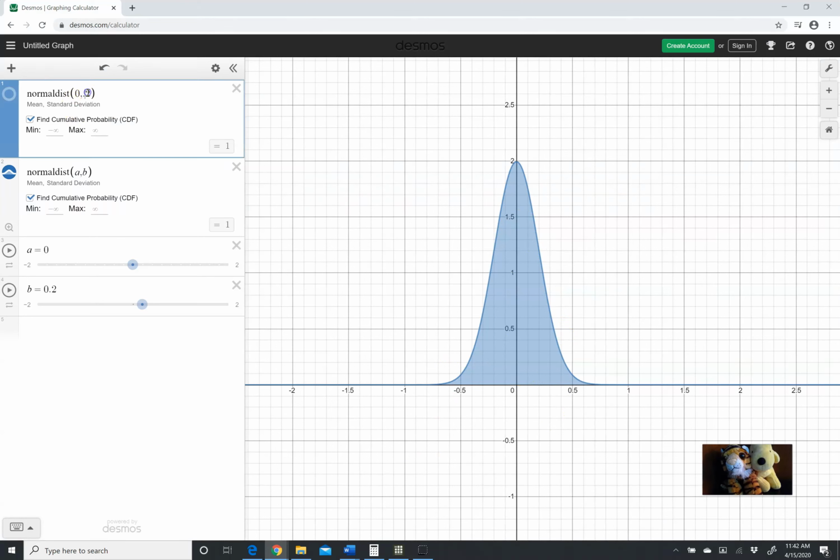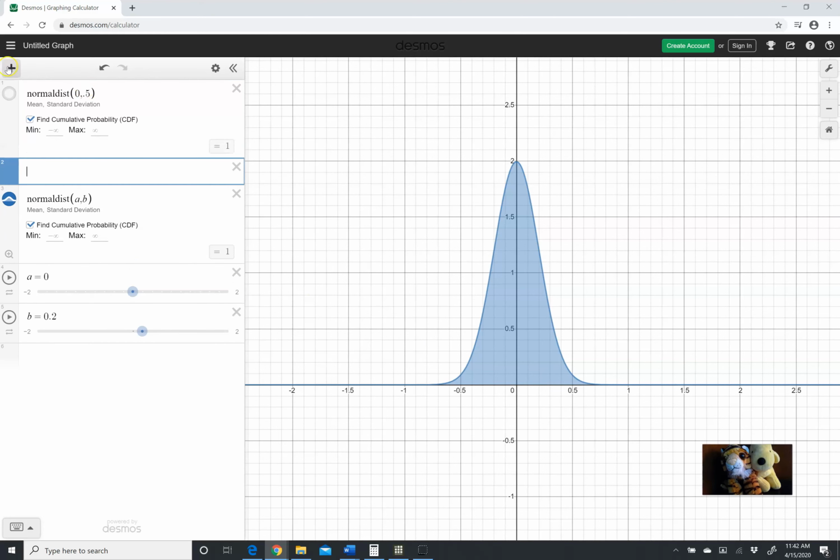Let me see if I can change this. So this is more what we're talking about. And when I say this is more what we're talking about, I'm talking about where the standard deviations are labeled, okay? So this is how it would be labeled, and this is what it would look like on the graph.